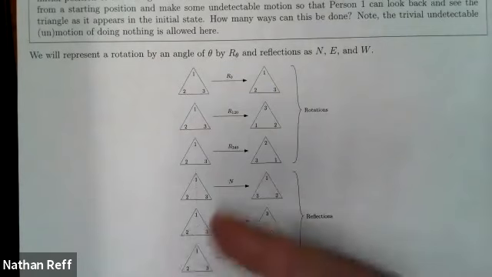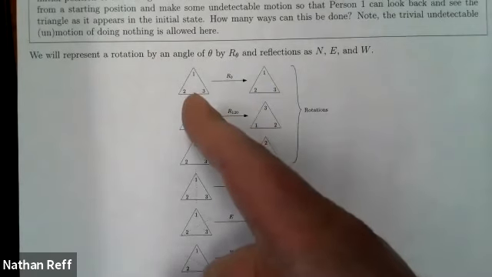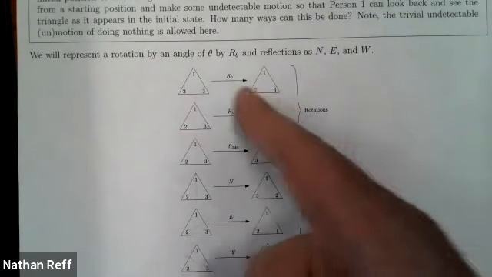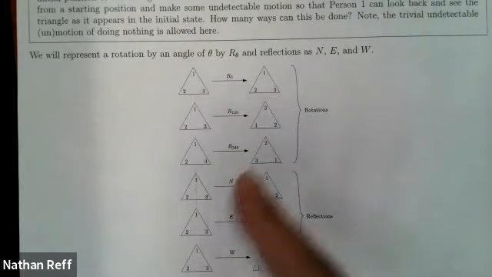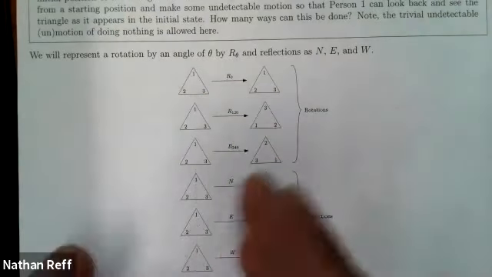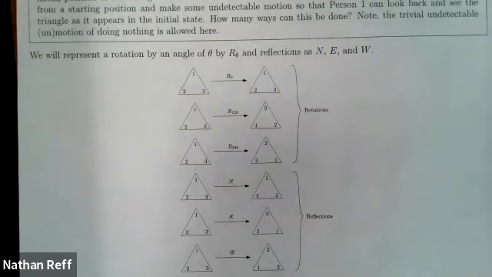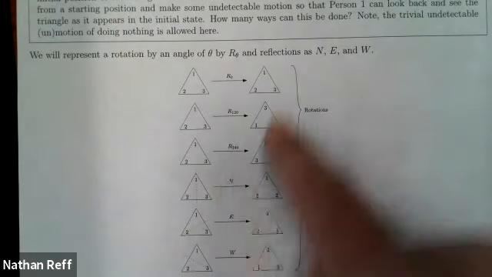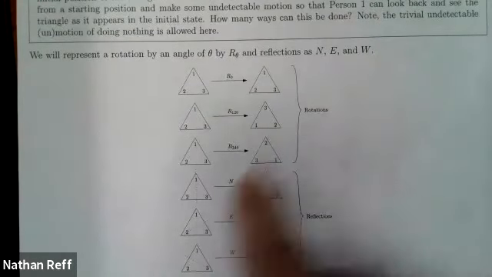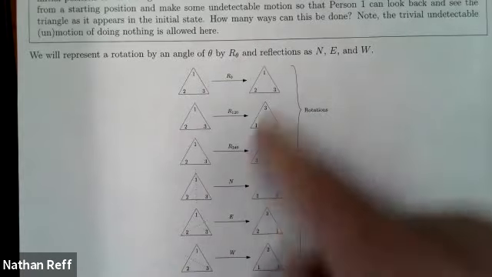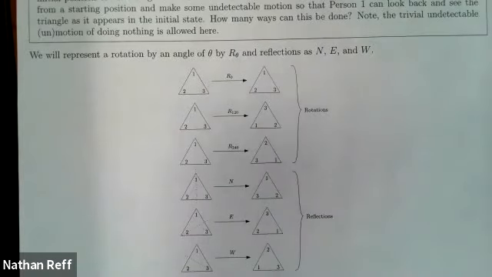And if you chose some other angle, let's say 60, remember, you have to be able to pick this up and rotate it so that it looks like what it originally looked like. 60 degrees won't look exactly right. So anything obtained by rotations should be a combination of those: doing nothing, or rotating by 120 degrees, or 240.